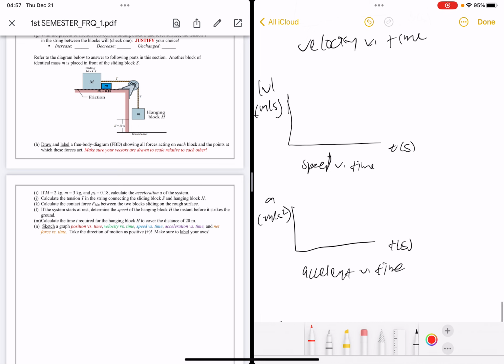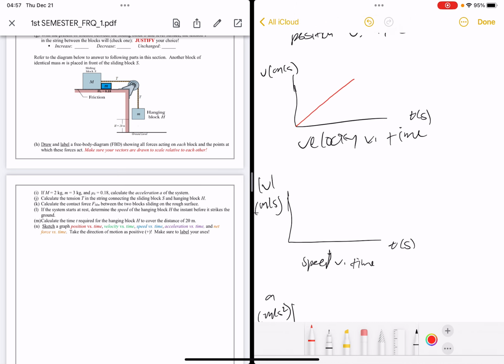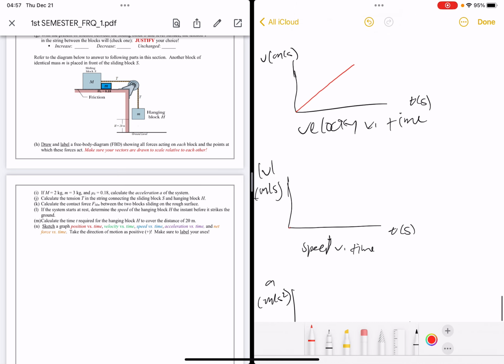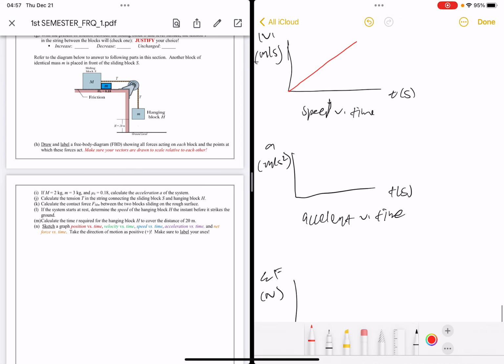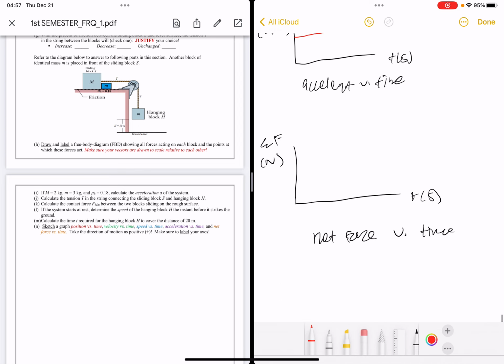For speed, it doesn't cross the x-axis at all, or go to the negative side, so it's just the same thing. Acceleration, we said it was constant. There's a line. And net force, like this, and then it will just drop down to 0 once the block hits the ground. Once the block hits the ground, net force will equal 0.